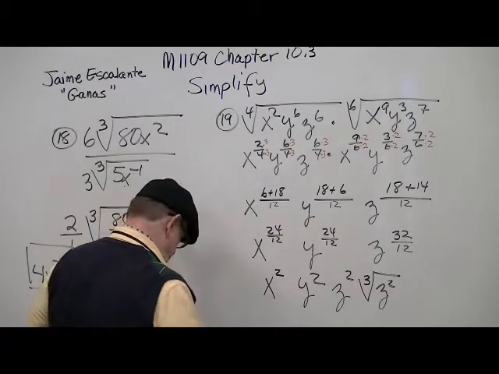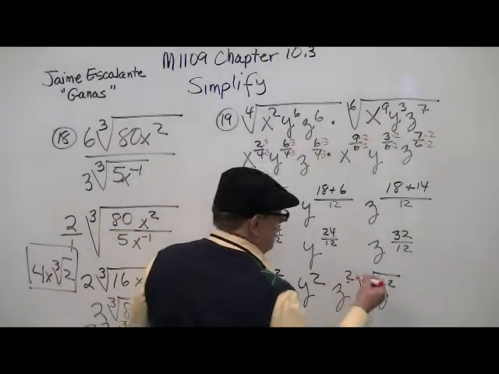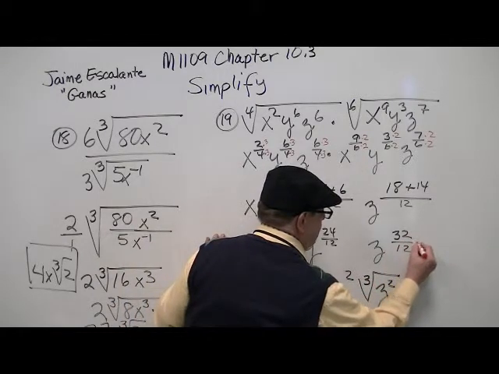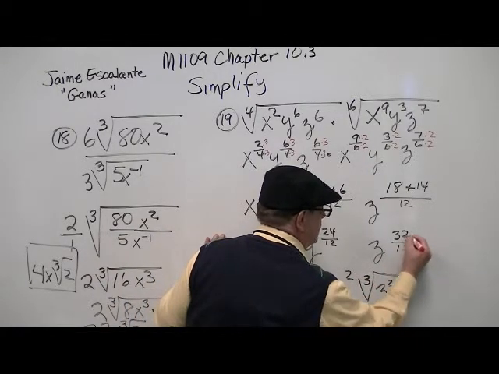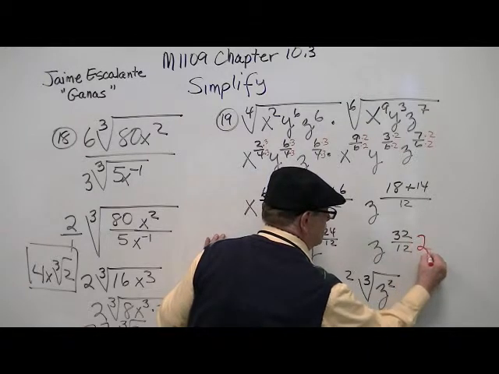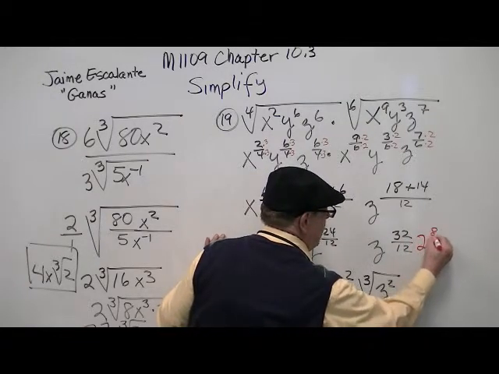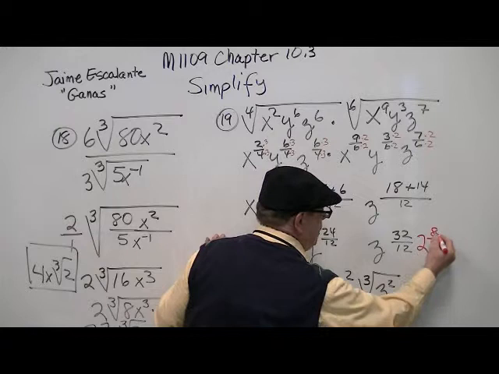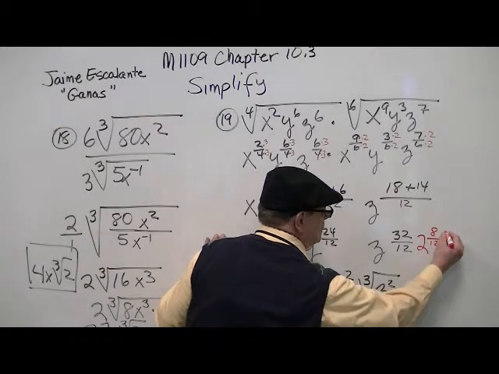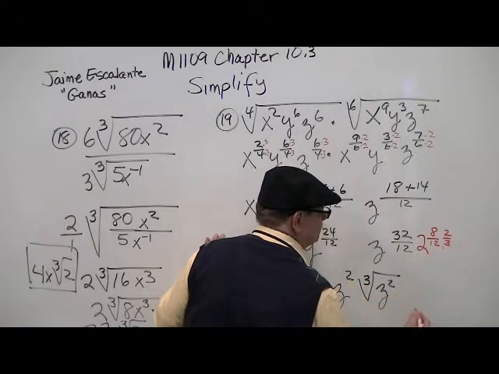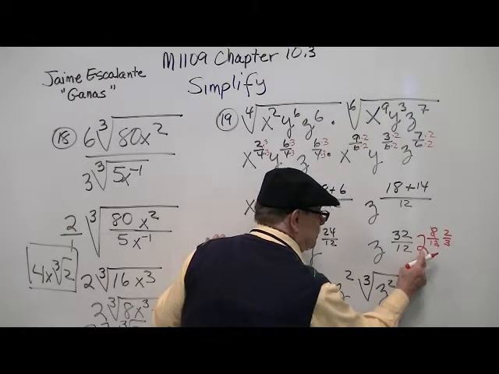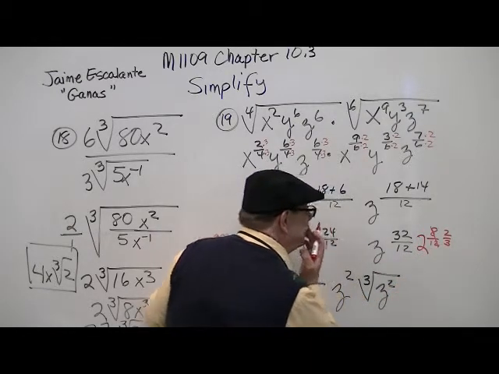Now here, this part was a little tricky. I divided that fraction into 2 parts. 12 goes into there twice, and I'm left with 8 twelfths. Well, 8 twelfths reduces to 2/3. So I had 2 and 2/3.